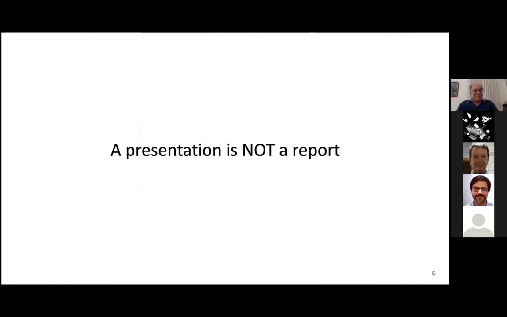There's no need for a structure like the report or the document that is related to the presentation. This is something that most people fail to understand, and they try to put everything inside the presentation and forget that they should concentrate on the key points, on the key message that they want to transmit.